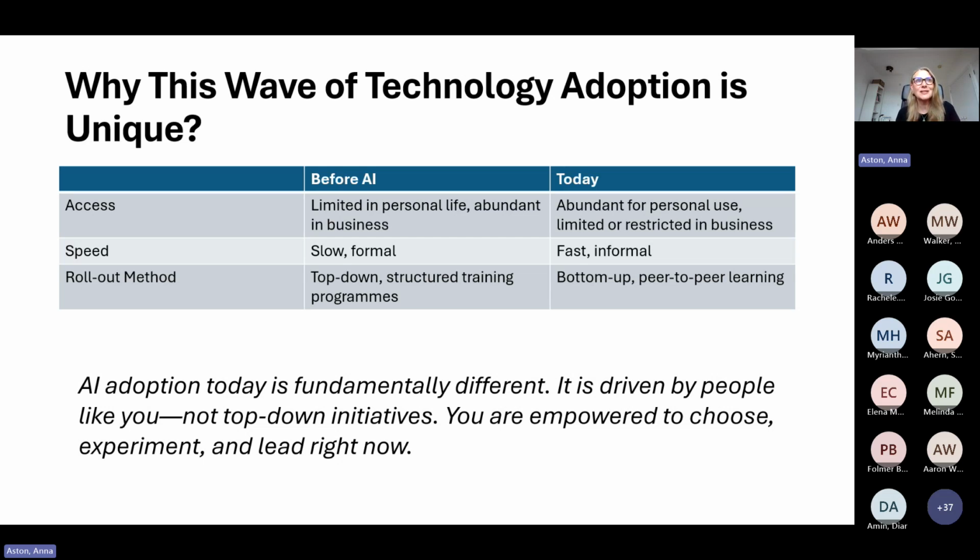The first one is access. Before, we had limited access to the technologies, mostly because everything was so expensive. Computers and laptops were expensive, software cost a lot, and we came in touch with technology through our workplace. Today, we have access to thousands of AI tools.